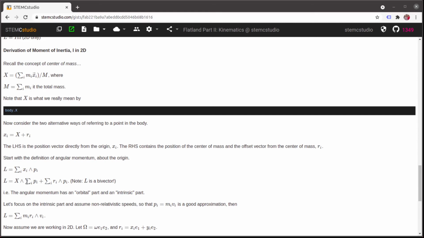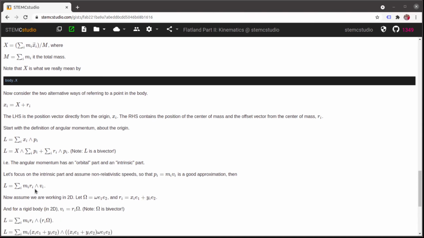We call that the orbital angular momentum because it's the contribution that comes from the body moving around. The second part we call the intrinsic angular momentum, which is the angular momentum that comes from the body itself spinning. All right, so let's focus on this intrinsic part, because this is just the total momentum wedged with the center of mass.